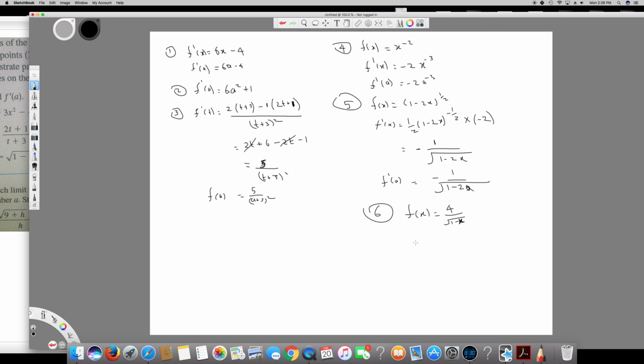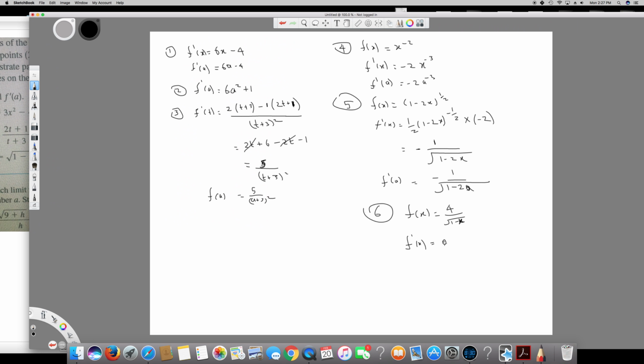According to the quotient rule, we have to find the derivative of the top one and multiply by the bottom one. If I find the derivative of the top one, it's 0. So 0 multiplied by this value is going to be 0, right?